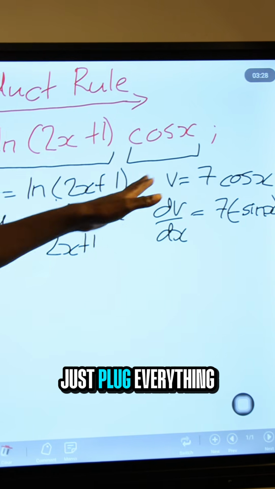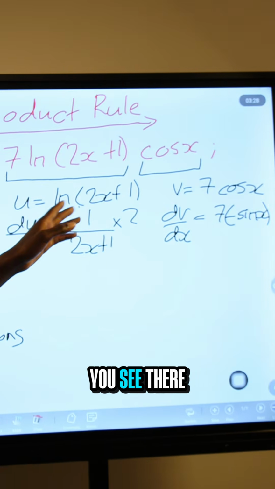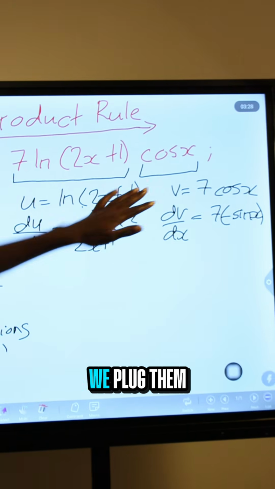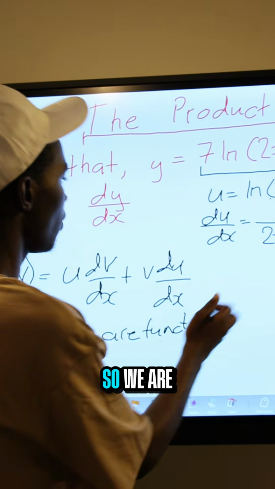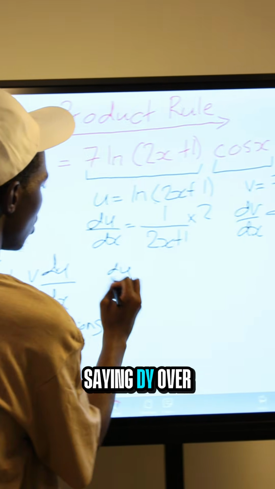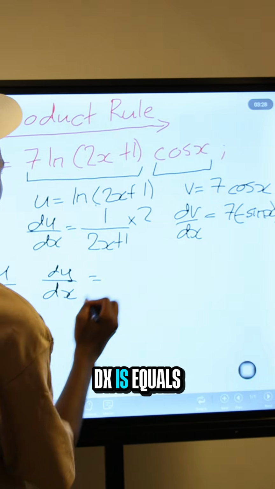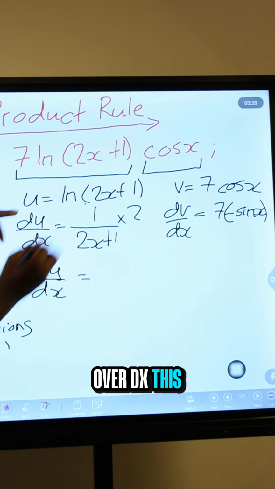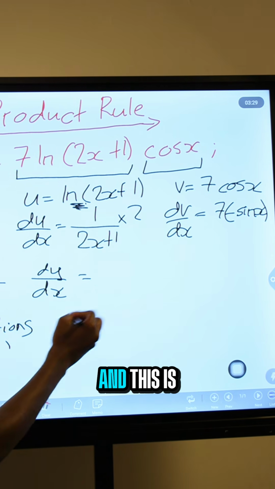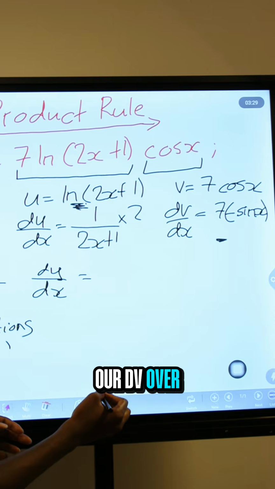So now we just plug everything in here. You see, there are 4 equations. We plug them into this formula and then we are done. So we are saying dy over dx is equal to what? u times dv over dx. This is our u and this is our dv over dx.